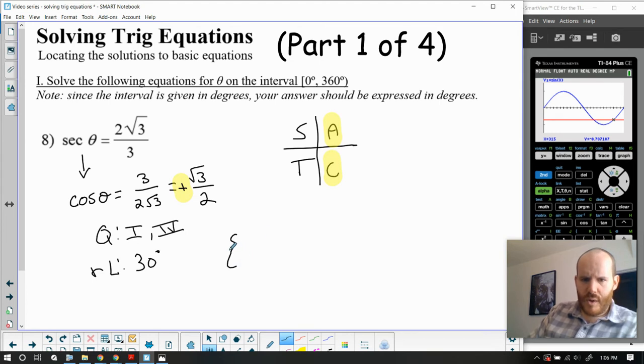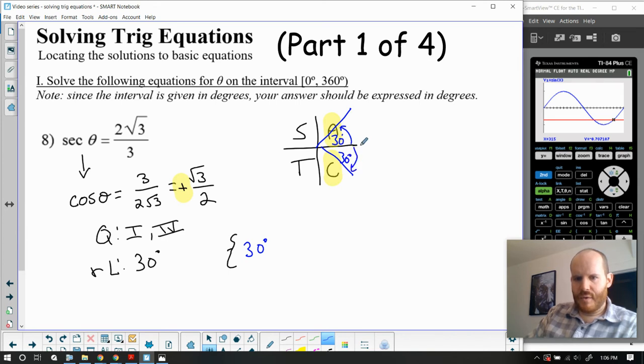So 30 degrees in quadrant 1 is very simple and straightforward, because I'm going 30 degrees past 0, which is just going to give me 30. And in quadrant 4, I'm going 30 degrees back from 360, which will give me 360 minus 30, which is 330 degrees.